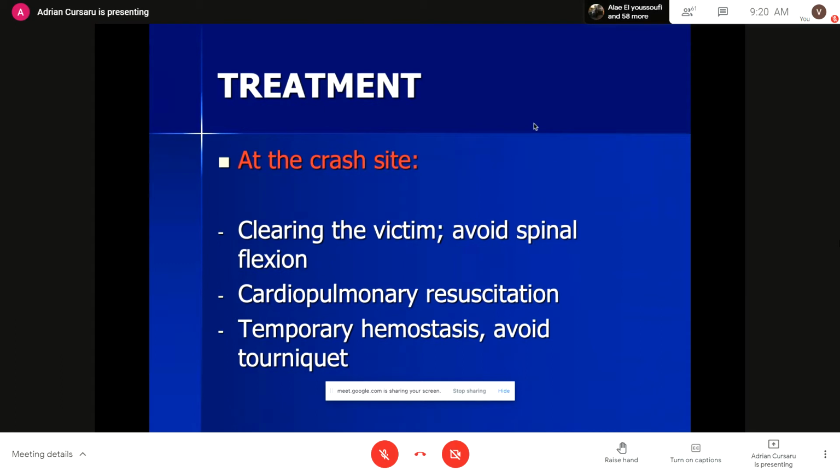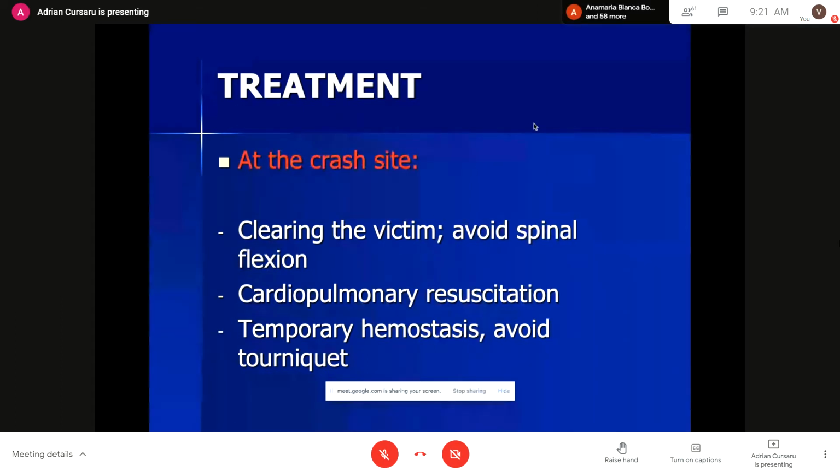It is very important to make a longitudinal traction of the patient, never flexion or extension of the spine. For cardiopulmonary resuscitation, you have to make some maneuvers, and we will discuss them.